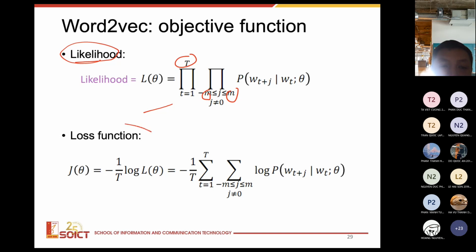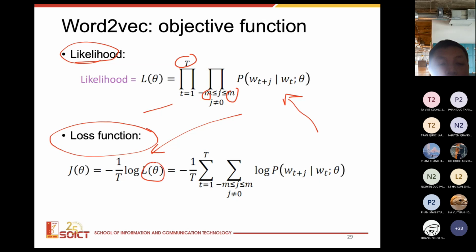And here is the loss function. We want to maximize this likelihood function, so we minimize its negative. We take the log of the likelihood function and add the minus sign, converting the maximize problem into a minimize problem. By applying the log, we convert the joint probability into a sum.